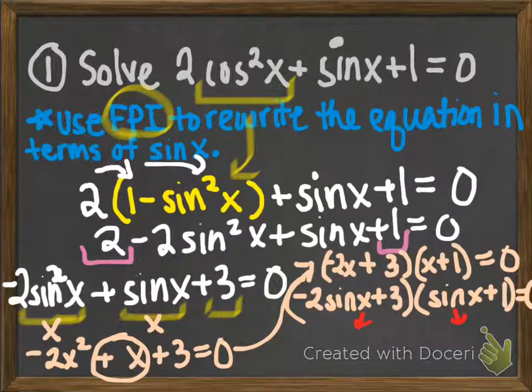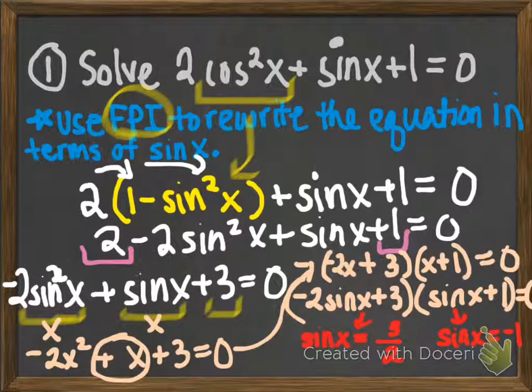So this one would be sine x equals negative 3 if I subtracted the 3, and if I divided by negative 2, that would give me a positive 3/2. I'm kind of skipping a step there, so let me know tomorrow if that confused you. And then this one, sine x plus 1 equals 0, so if I subtract the 1 from 0, I get sine x equals negative 1.